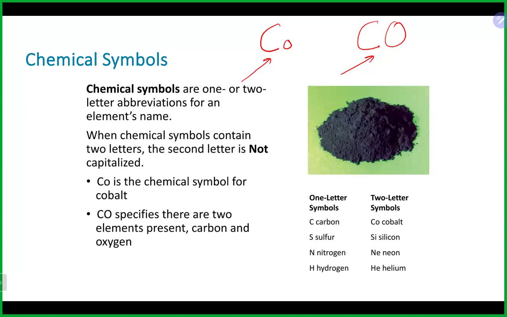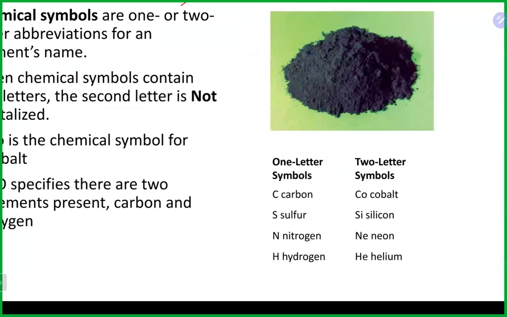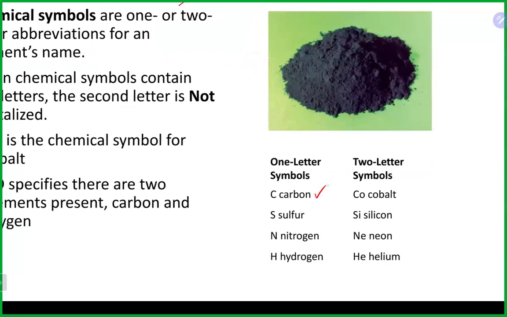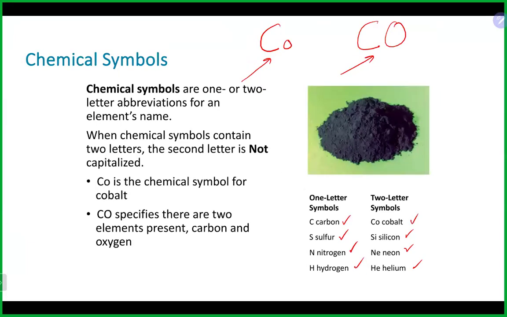In terms of the 1-letter symbols we see here, these are ones we definitely come across a lot: carbon, sulfur, nitrogen, hydrogen, cobalt, silicon, neon, and helium. Again, those are some we see a lot.